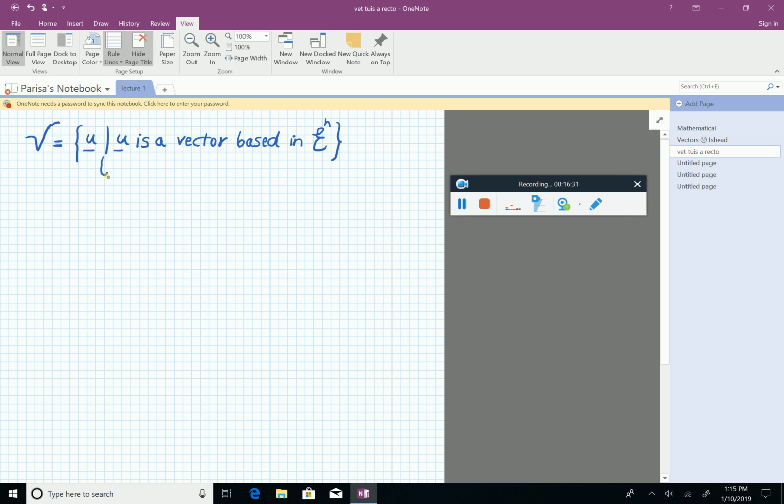And this symbol here means such that, and as I said, this represents vector space, or sometimes it's called translation space. M is here also the dimension of V.